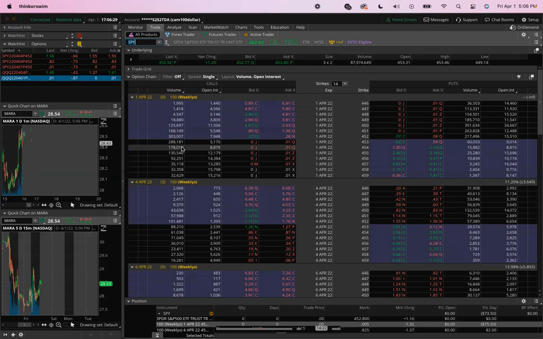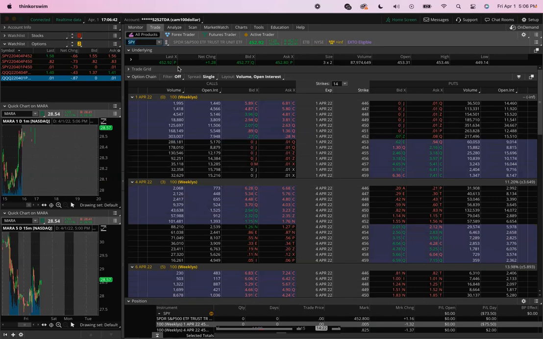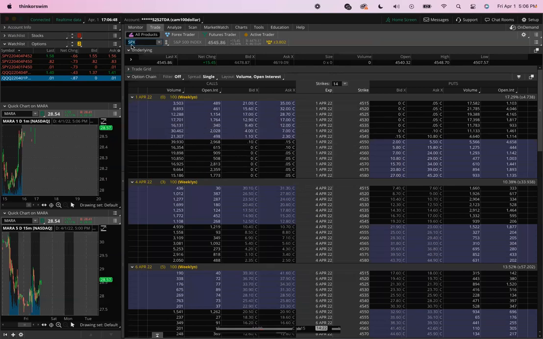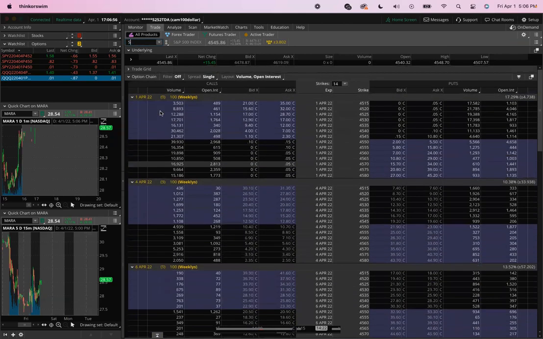VOO, I'm sure, is another index. Never mind, I've never traded VOO in my life, probably never will. SPY, SPX, obviously, that's just the futures of SPY. They expire Friday, Monday, Wednesday, Friday, and so on.